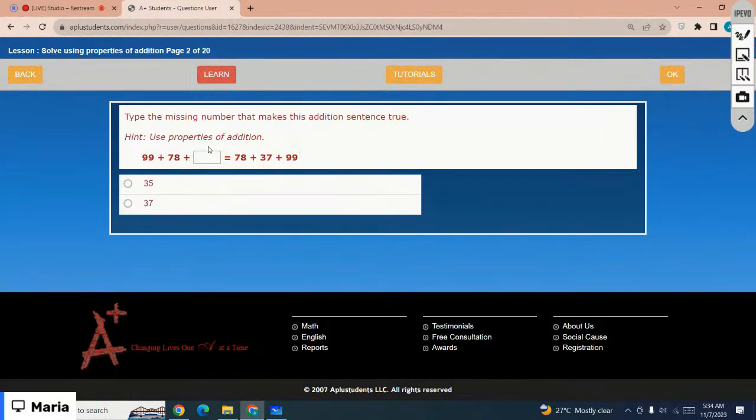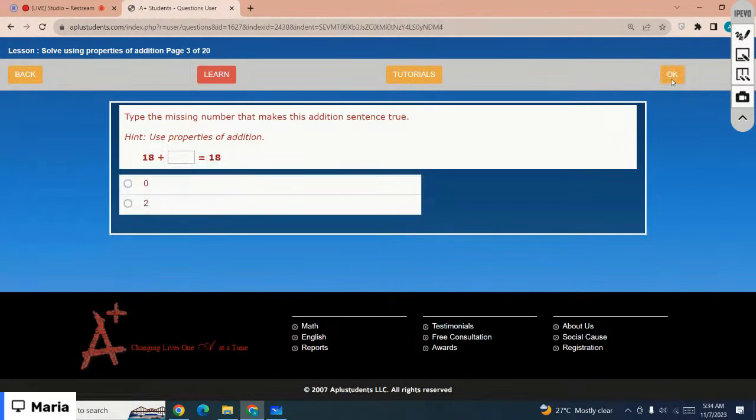The correct option is 37 because the numbers on the sides must be the same, so 37 is missing. Type the missing number that makes the addition sentence true. So which is the correct option?